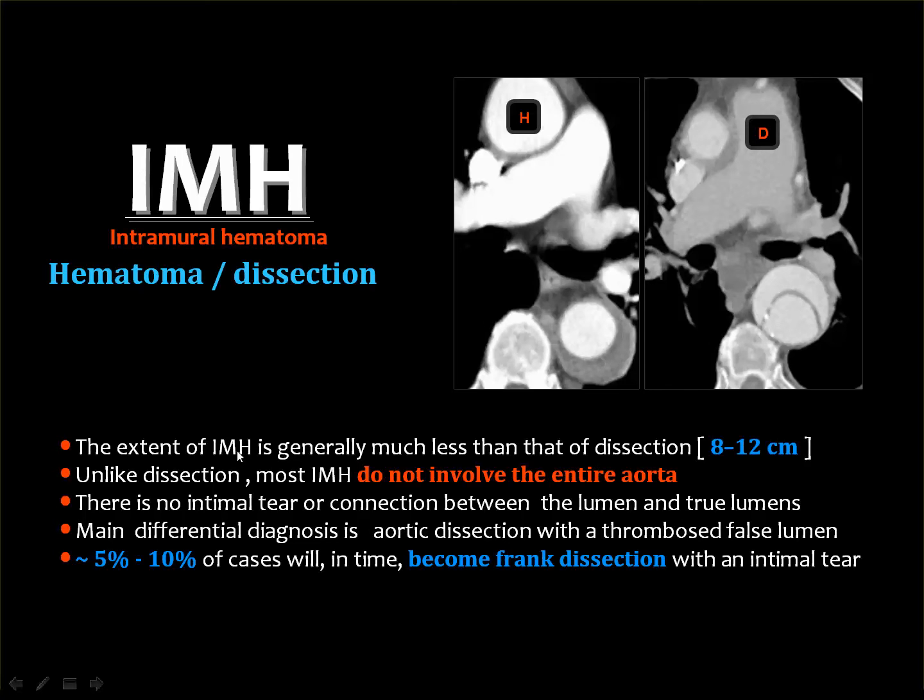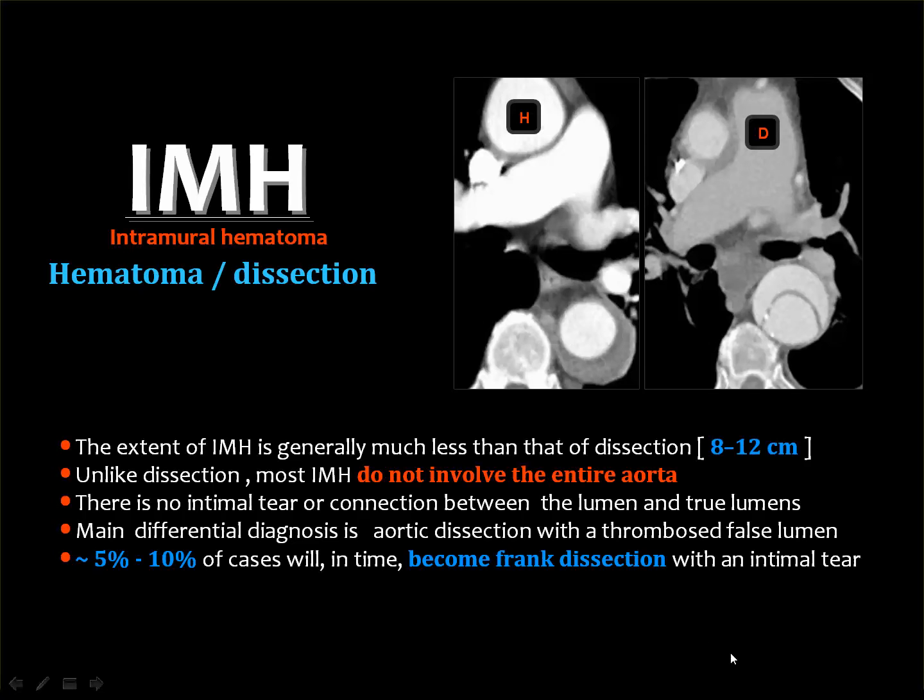Actually, the intramural hematoma is much less than the extent of the dissection. It may reach about 8 to 12 centimeters, while the dissection extends through the aorta. Intramural hematoma does not involve the entire aorta.